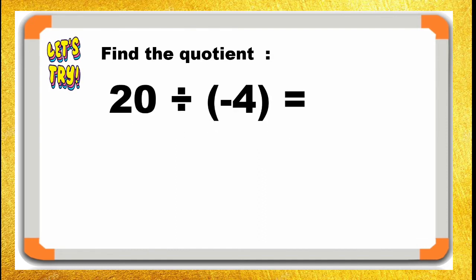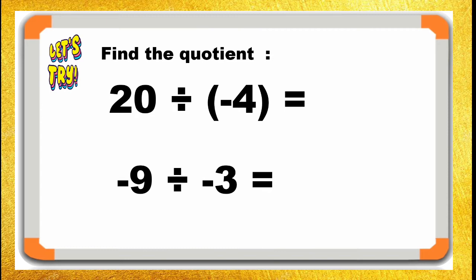Let's try. Find the quotient. We are now in division of integers. 20 divided by negative 4 and negative 9 divided by negative 3. So I will give you a minute to answer. Go. Okay, stop.